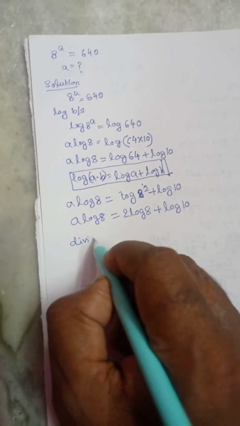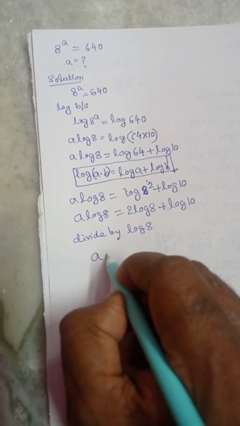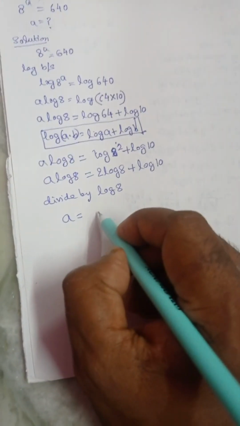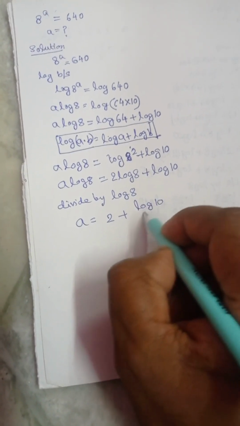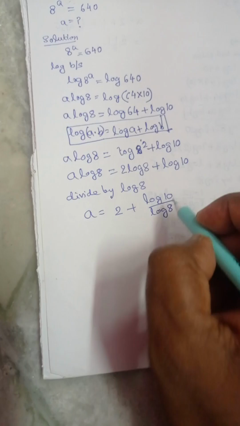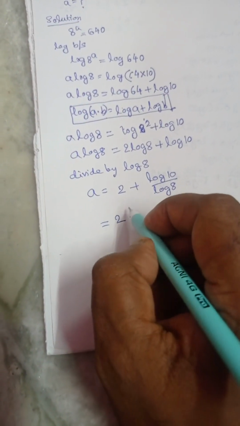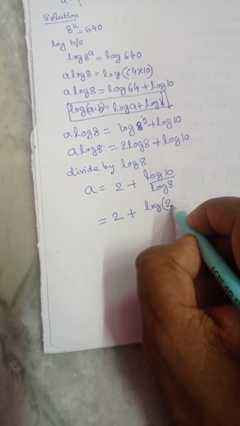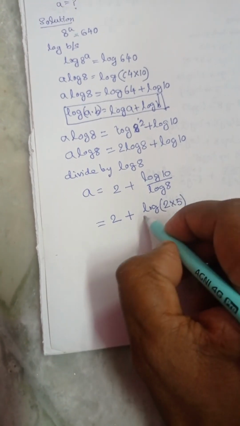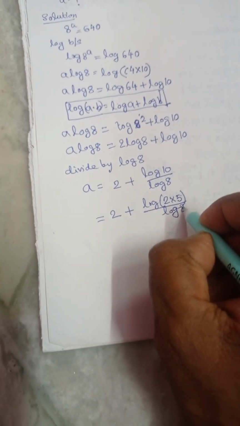So both sides we can divide by log 8. Now a equal to 2 plus log 10 by log 8, or a equals 2 plus log 2 into 5 by log 8.